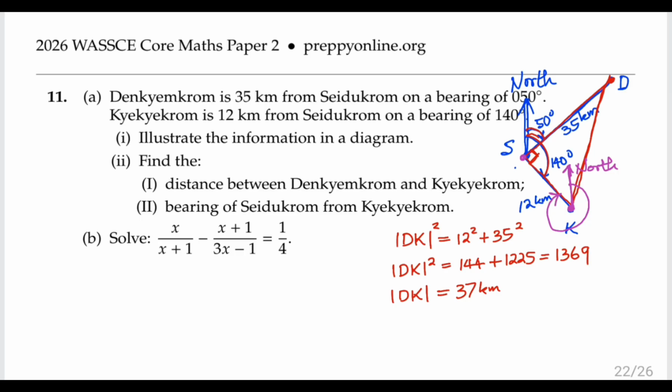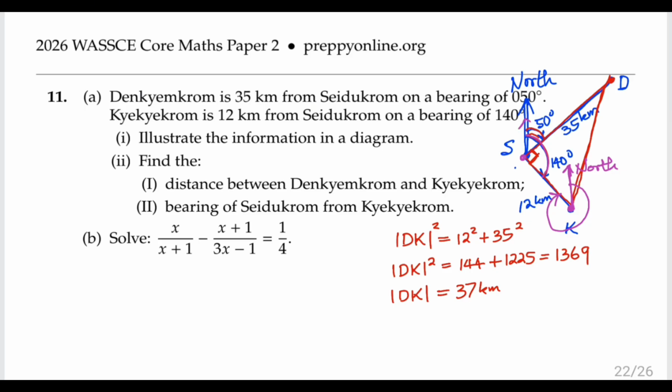That's going to give us that bearing. And we have a number of ways of thinking about that. The first is that since we already know the bearing of Chechachrome from Sadochrome, that's this 140 degrees.